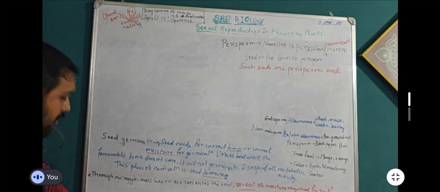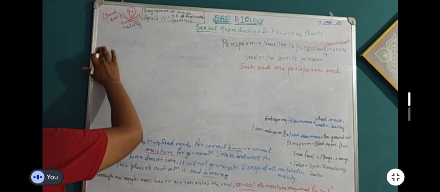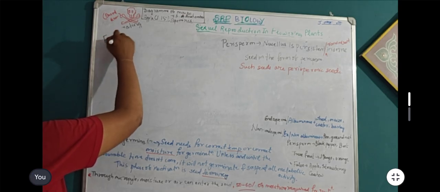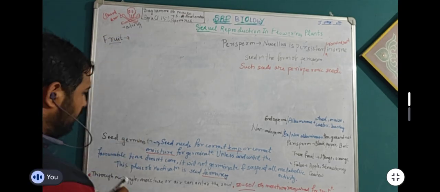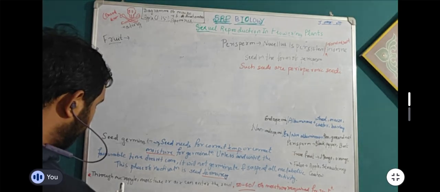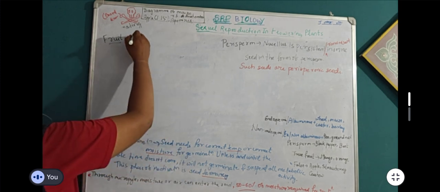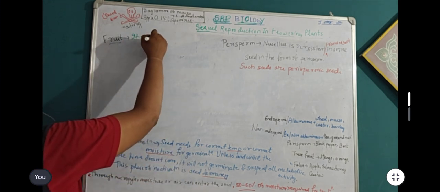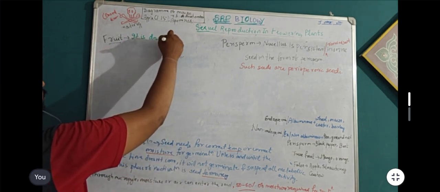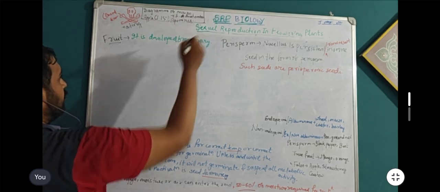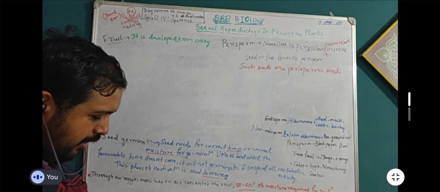Now I will discuss the different parts of fruit. Fruit is developed from the ovary of our flower.